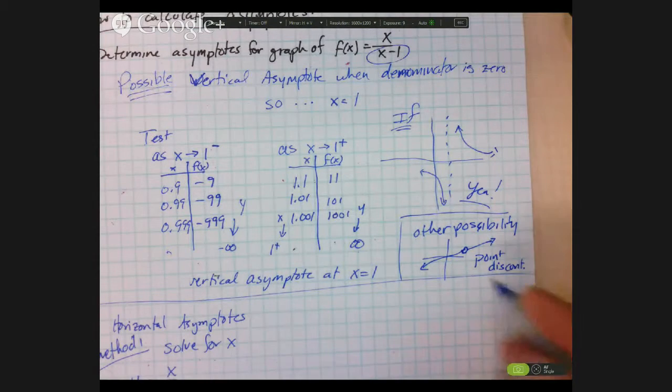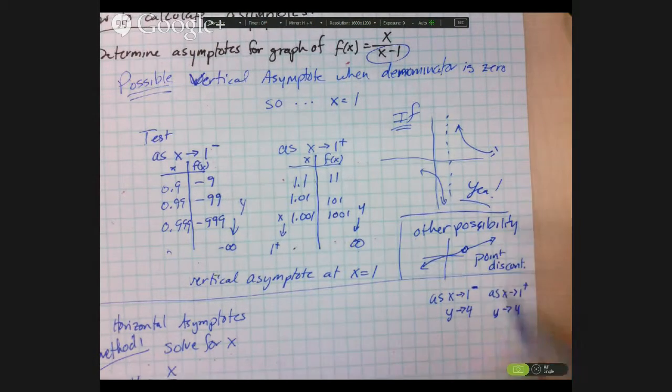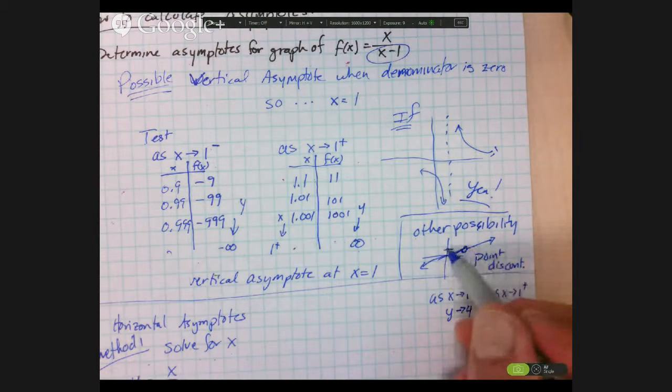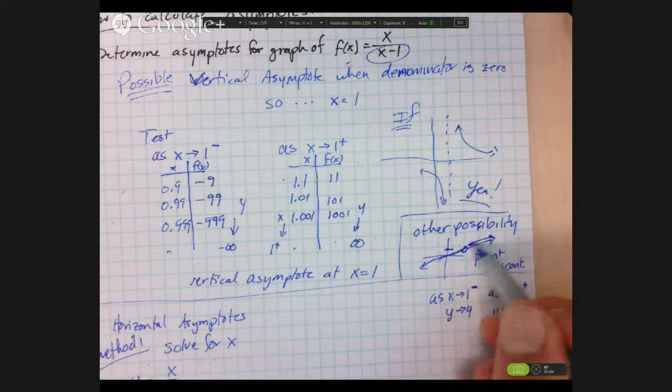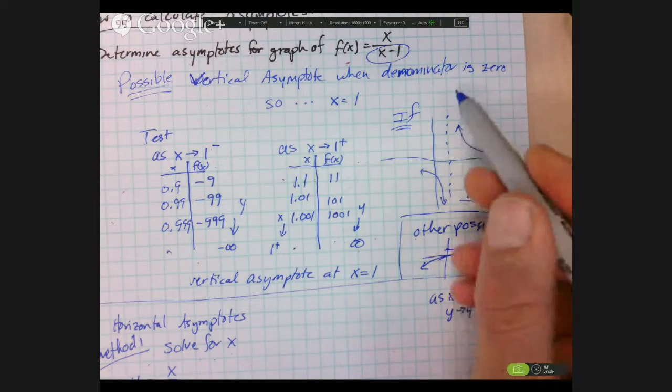Okay, so this would say as x approaches 1 from the left, y would go to 4. As x approaches 1 from the right, y would also go to 4. So you're coming to a specific spot on the graph as opposed to trailing off into the infinite.